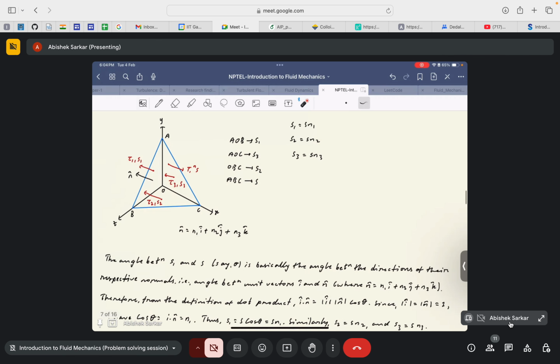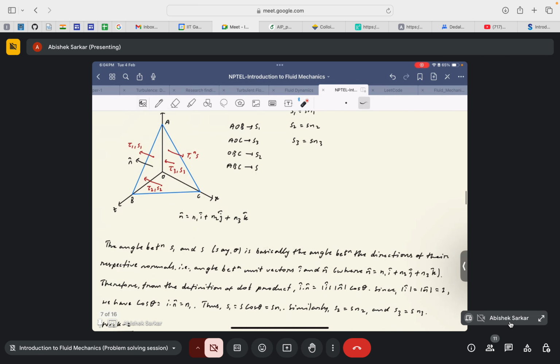Then let's continue. To find the projection of surface S on S1, which is this surface, it is given by the relation S1 equals S cos theta.